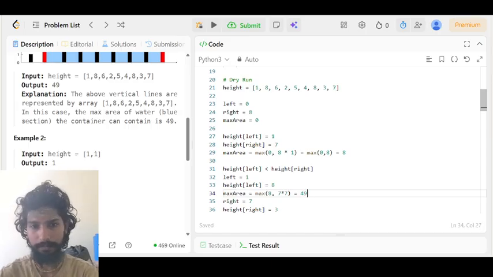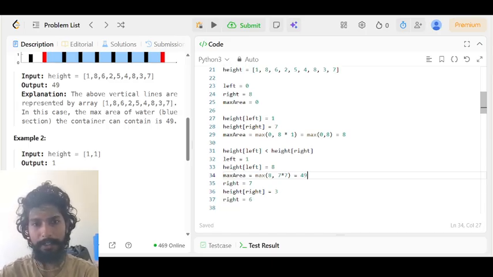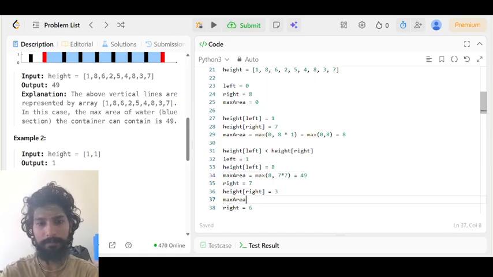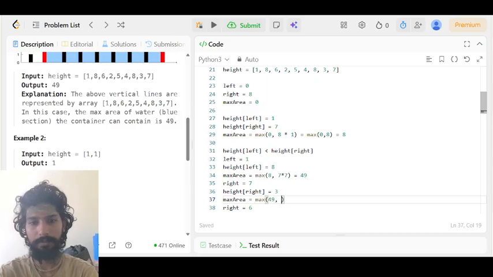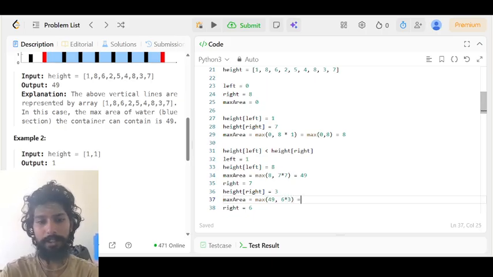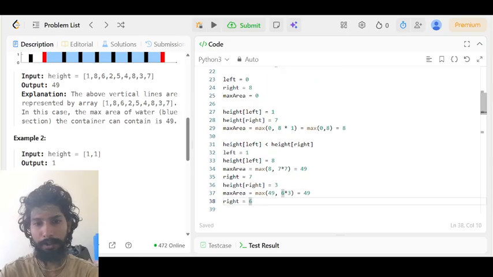Then right will get updated, height right is equal to 3. So my max area will become max of 49 comma 6 star 3. So that remains as 49. Now right will get updated. Right will become 6.